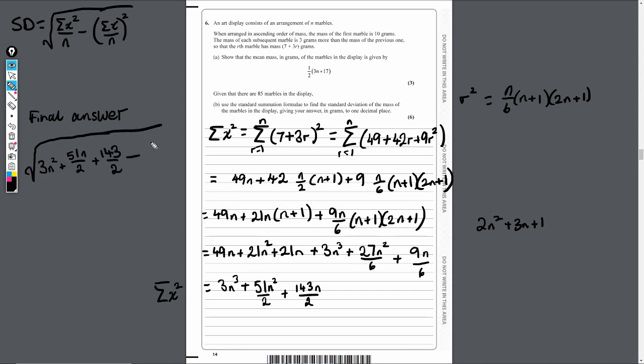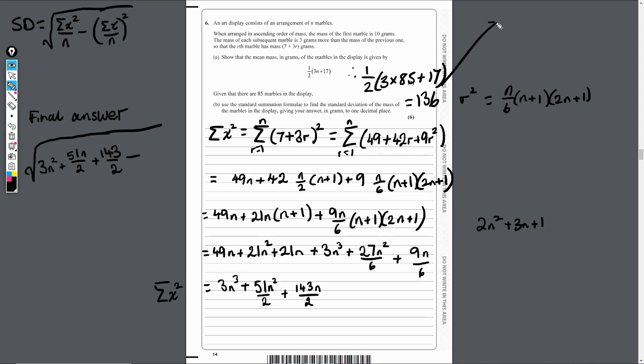Minus, this is now your mean. Your mean can just be calculated by plugging 85 into here. So this would be a half, 3 times 85 plus 7, and what you get for the mean is 136.